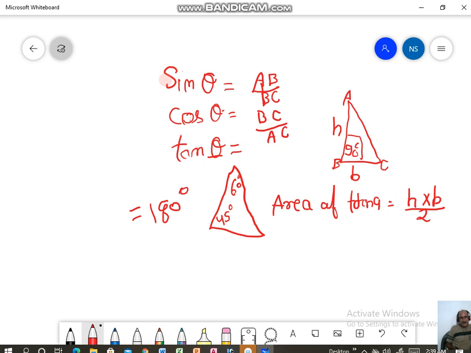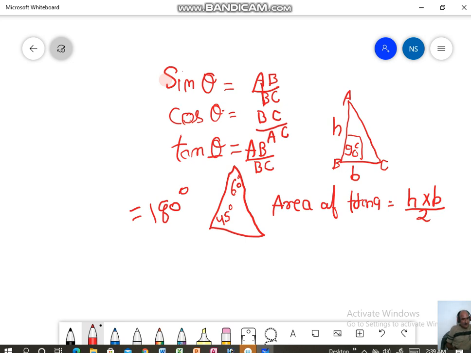You can see here the hypotenuse is available in both. Sine theta is AB upon BC, and BC is also available here in cos theta. Sine theta equal to AB upon BC, means height upon base.